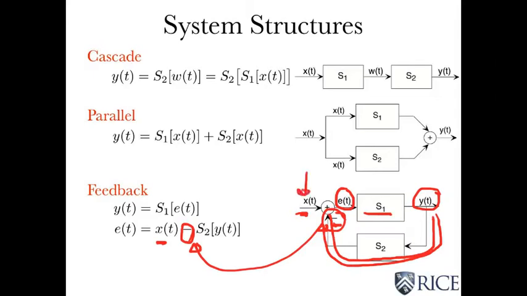You may change the setting for the velocity at which you want the car to go, and if that is different than its current velocity, that produces an error signal. That causes the engine to rev. Let's say that describes the engine, causing an output velocity y, but that goes through the control system S2 to produce the error signal. And finally, when the error goes to 0, the cruise control settles down and doesn't accelerate the car anymore. So that's a great example of a feedback system.